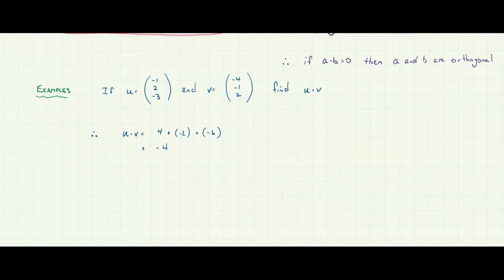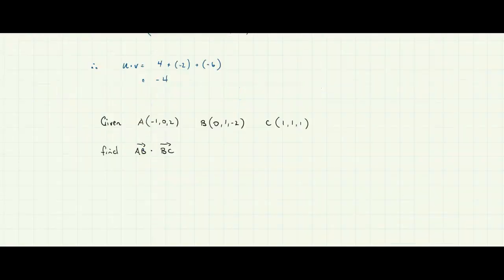Let's do one more. In this example, there are 3 points, position vectors. Find AB dot BC, the dot product between two vectors. Firstly, we need to establish what AB is. We're going up 1, up 1, and down 4. So (1, 1, -4) for AB.